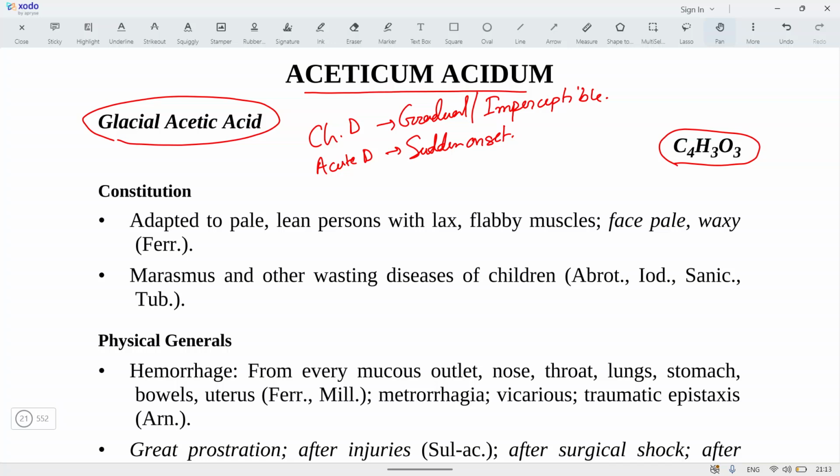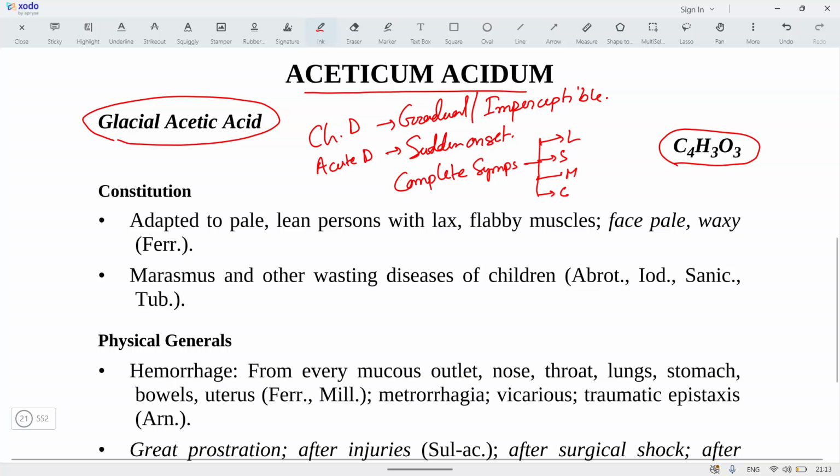That is mostly the complete symptoms. Complete symptoms are those which hold location, sensation, modalities, and concomitants. Now, concomitants are very tough to get, but location, sensation, and mostly the modalities are very easy to get, and these are the key of any particular symptoms or any acute diseases.